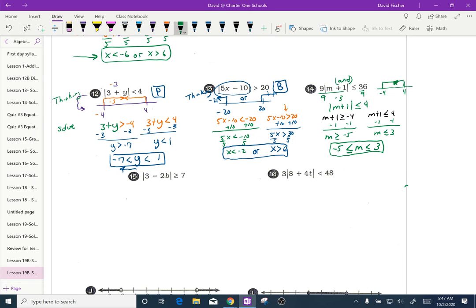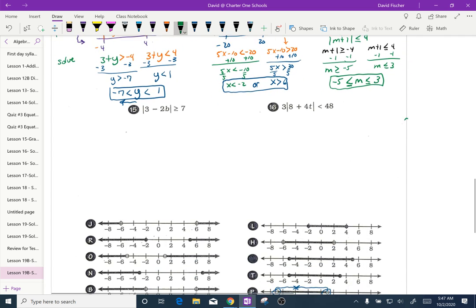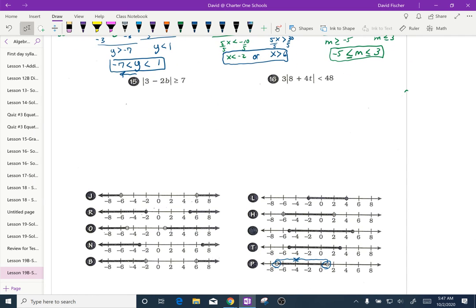I'm looking for an and statement where m is greater than negative 5 or equal to, so I'm going to look for a solid dot. So it can't be h, can't be l. That dot right there is looking pretty good because that starts at negative 5 and m is all numbers greater than negative 5. And I want them less than 3.